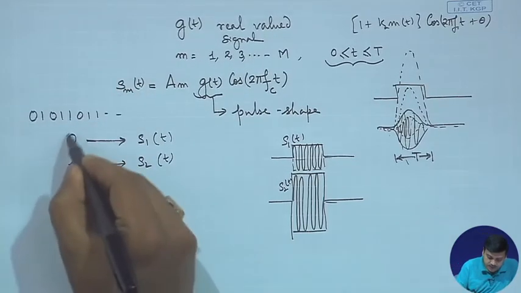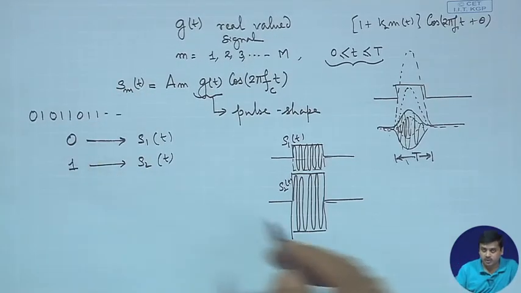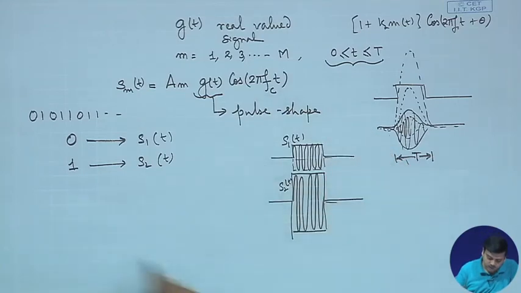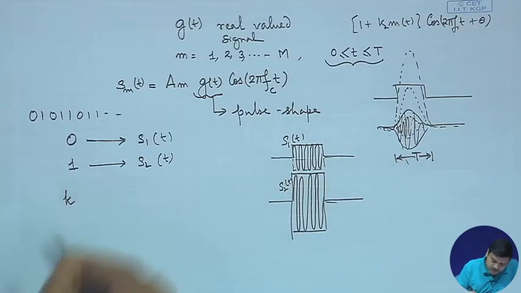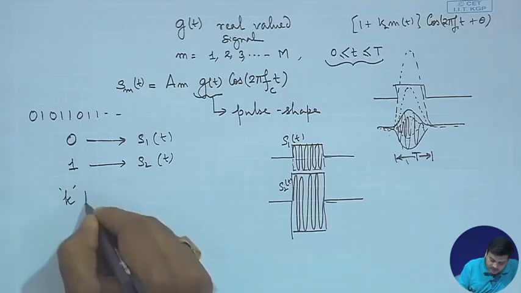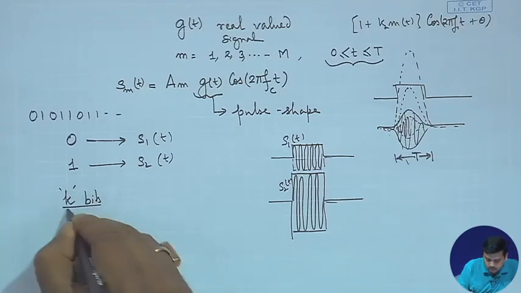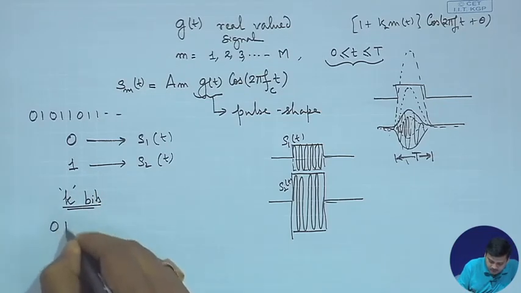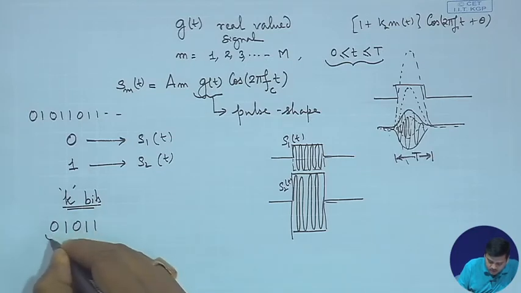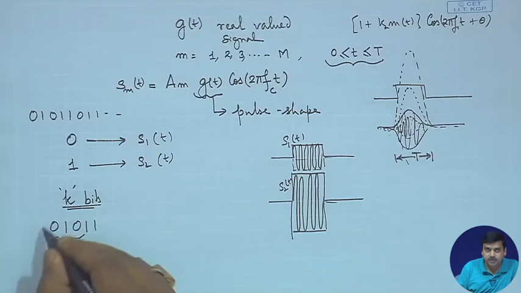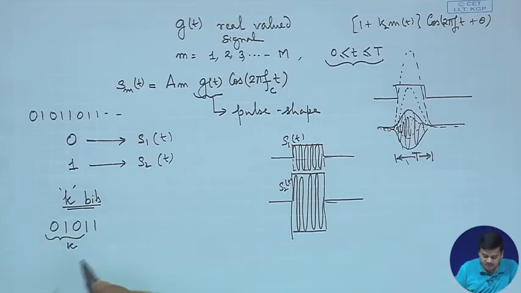Now, some interesting things come in. Instead of just having two options, let us say we have more options. As we discussed earlier, if there are k bits, we are grouping k bits. In this particular picture it represents 3 bits.